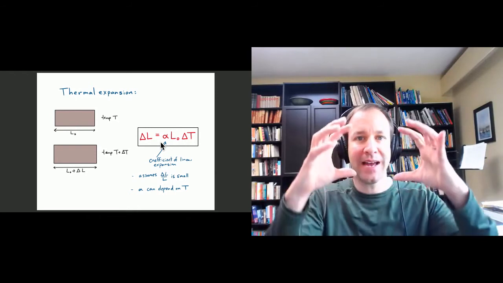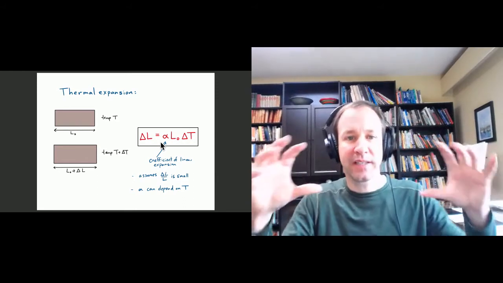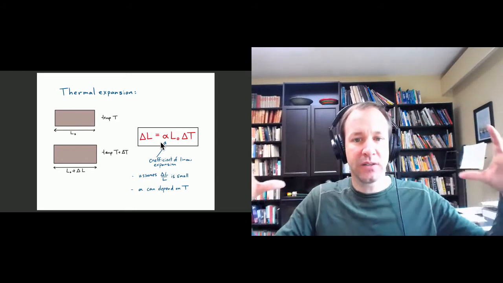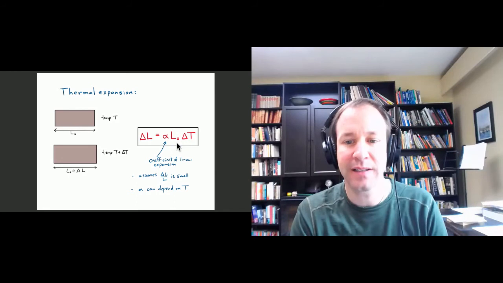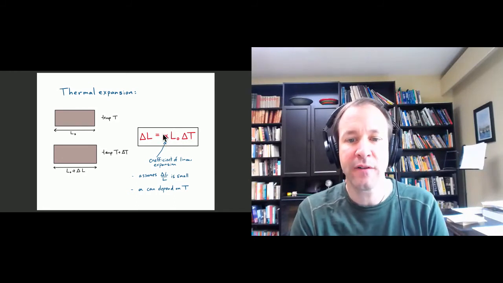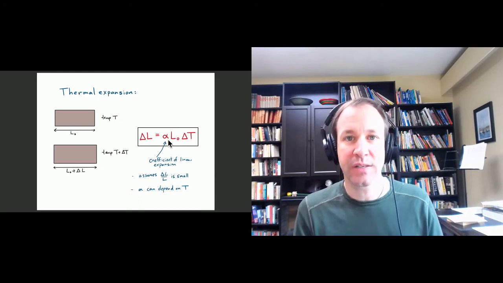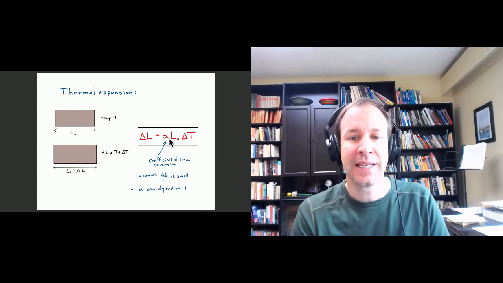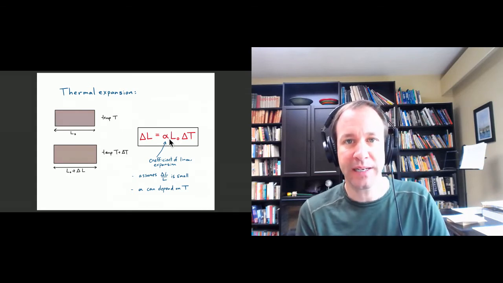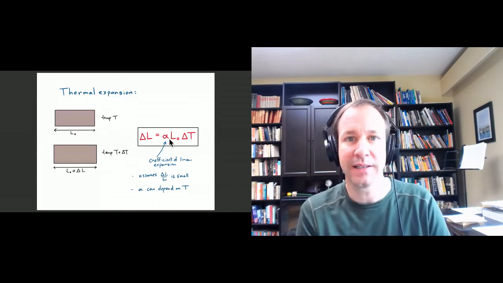And so then if I have an object that's twice as big, then the actual linear amount of expansion is going to be twice as much. Okay. Now, once I take into account that factor of L0 here in the formula, the remaining proportionality constant only depends on which material I'm talking about. Okay, so the coefficient alpha really is just a property of copper or brick or steel or whatever it is that you're interested in.